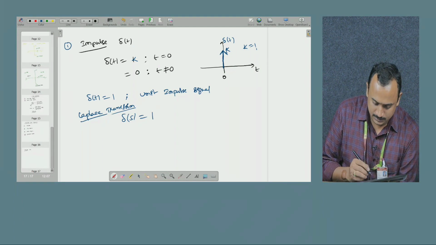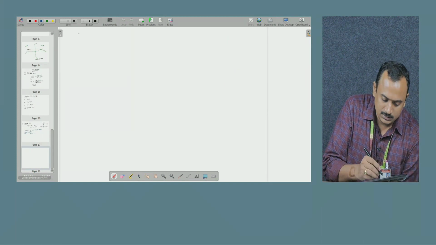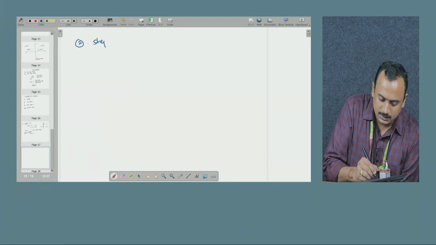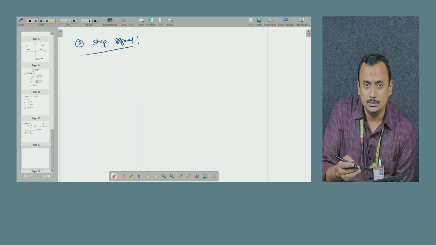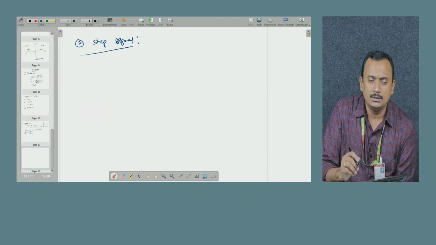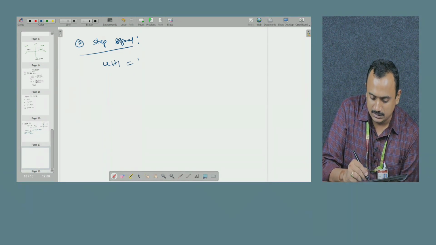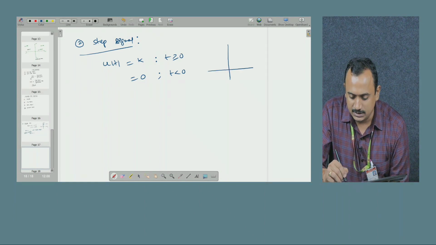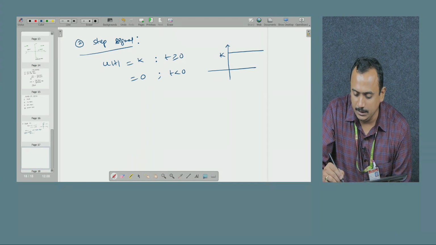And similarly, I will write the equations for the step signal. Second is the step signal. So I hope we know the basics of the step signal. U of t is equal to some constant k for t greater than or equal to 0, and is equal to 0 for t less than 0. And if I represent this, this is how the step signal will be.